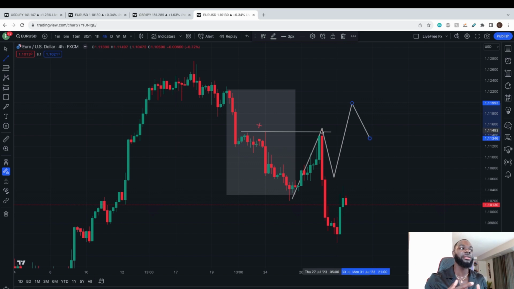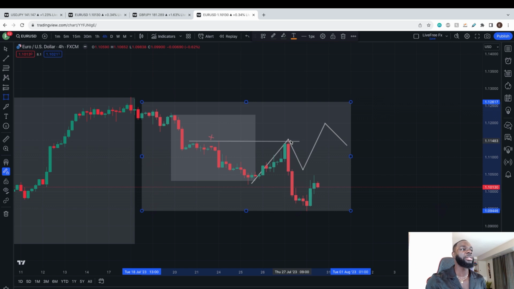Because there is a lot more confirmation. But what used to happen to me is after a break of market structure, I would wait for the pullback. You know, price pulls back all the way down here, I place my stop loss right here, I go long and I get stopped out because the market is literally just doing what we call a liquidity grab, a stop loss hunt. But overall, it is still following its higher time frame trajectory.